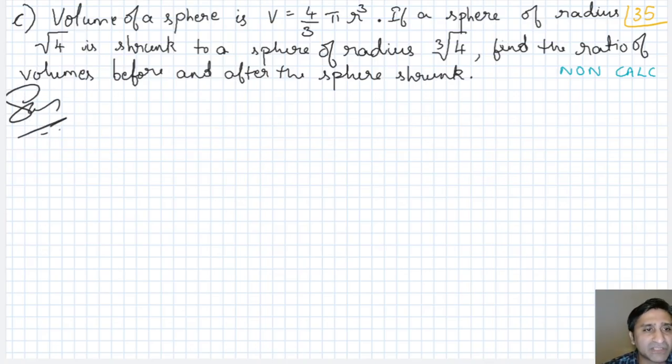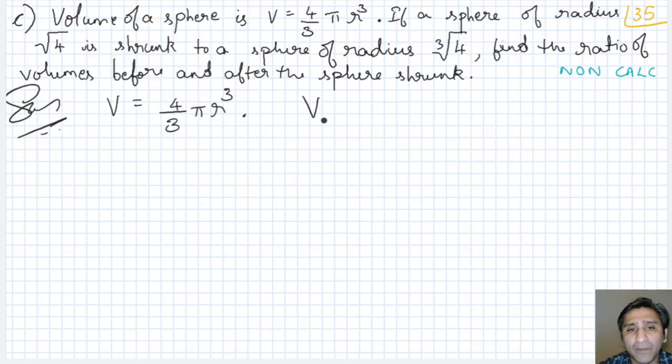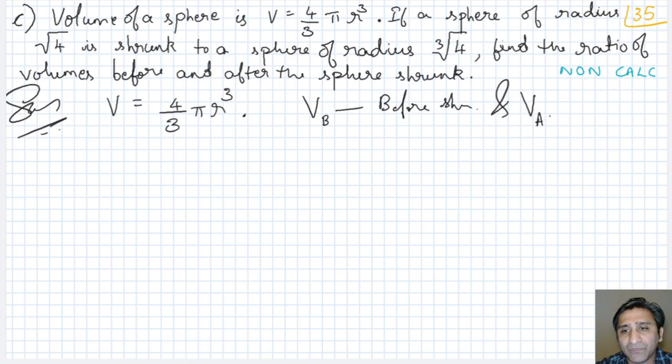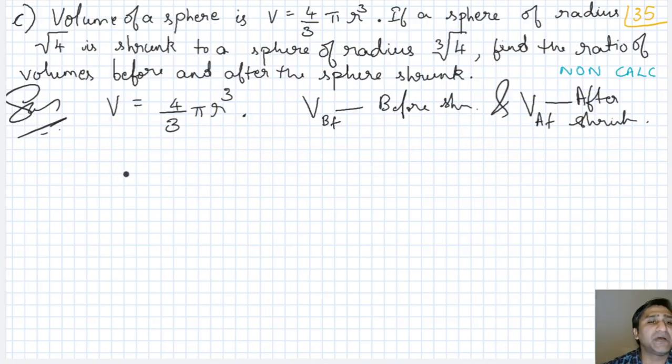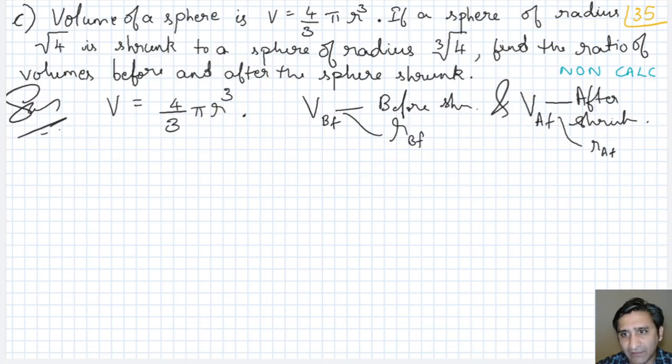Now the solution process is going to start. The volume has been provided to you as 4 by 3 pi r cube. Now let V_BF be the volume before shrinking, and V_AF the volume after shrinking. Therefore this obviously corresponds to the radius before shrinking, and that corresponds to the radius after shrinking, isn't it? Very good.